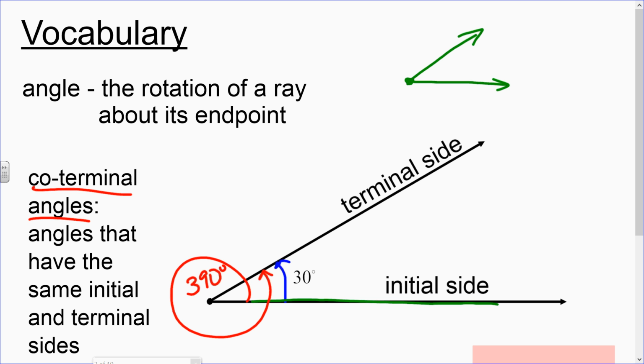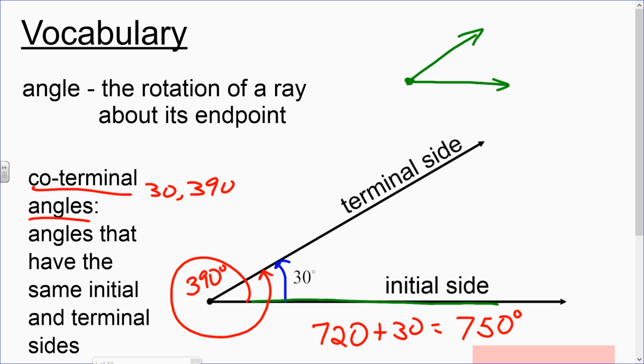We may go around 30 degrees, or one full circle and then 30 degrees more, or 2 full circles, 3 full circles, and so on. So we could have 720 plus 30, giving us 750 degrees. But 30, 390, 750 would all be coterminal angles because they start and end at the same place.